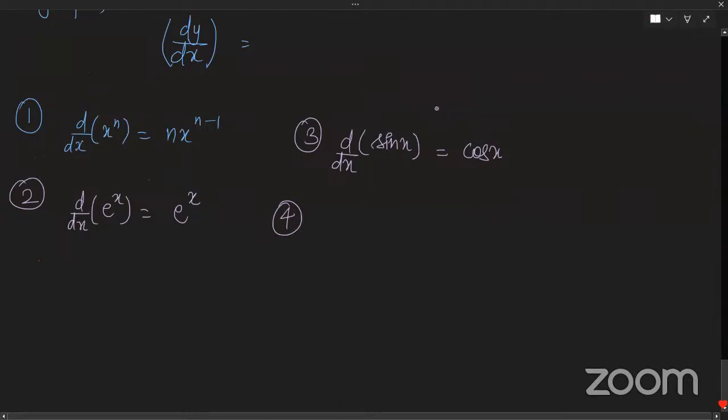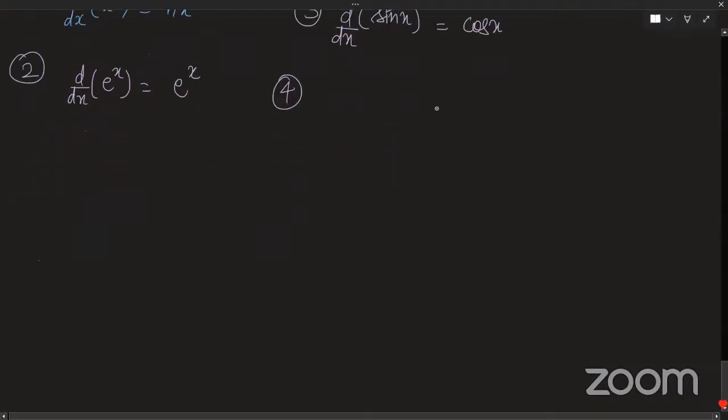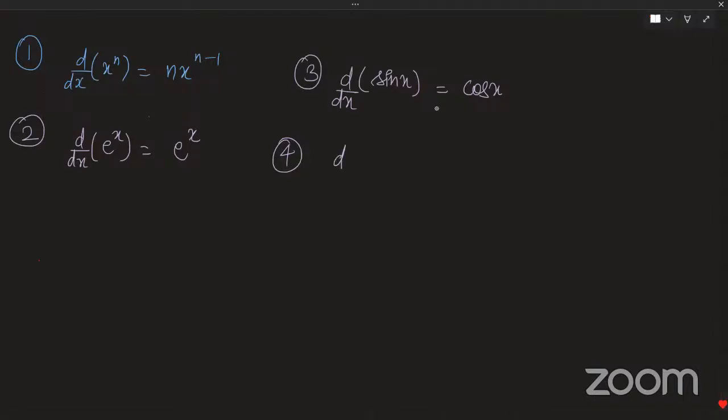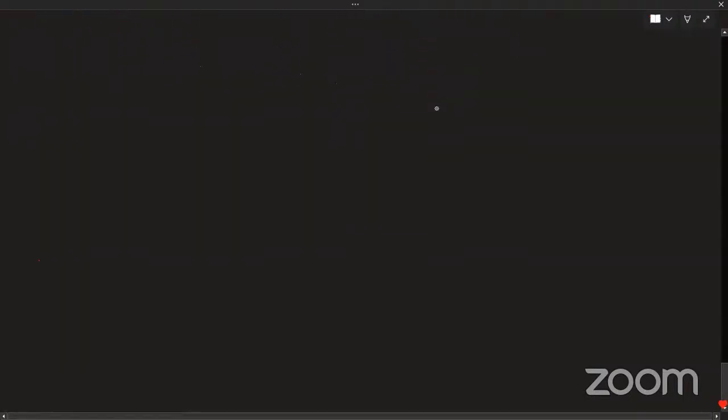After that, we used the sine a minus sine b rule, right? Yes, sir. So after that, we already knew what to do because sine h by h is 1 when h is tending to 0. So using that, we did. Great. And in the same way, we proved this also. Can you tell me d by dx of cos x? Minus sin x. Right? Using the same method, we did it. Okay.